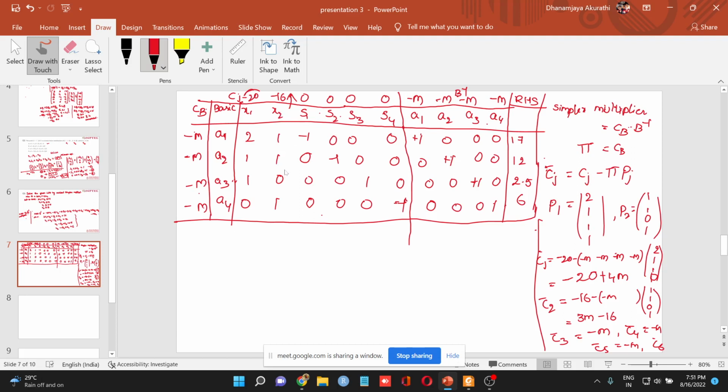In the general procedure, the column corresponding to the variable of the deviation row which has the maximum value is the pivotal column, and we just have to do the minimum ratio test, that is 17 by 1, 12 by 1, and 6 by 1, and out of this the minimum value we obtained is A4, I guess.